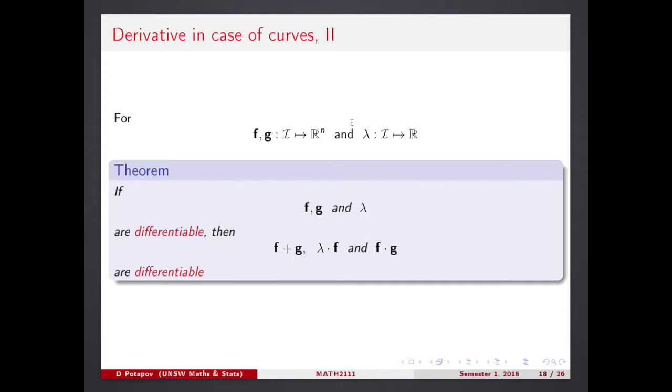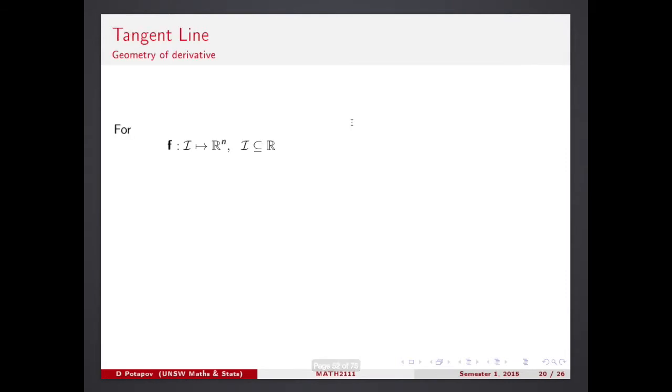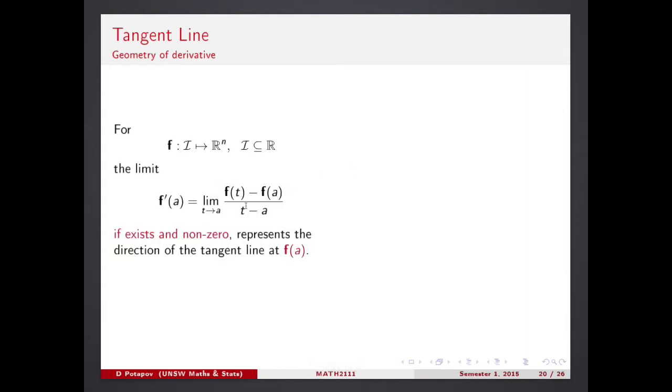I have a few slides which discuss the geometrical meaning of the derivative, which is more a demonstration for understanding what's happening with the derivative. Basically, the derivative of a function with one variable in the domain and multiple variables in the codomain geometrically represents the tangent vector.